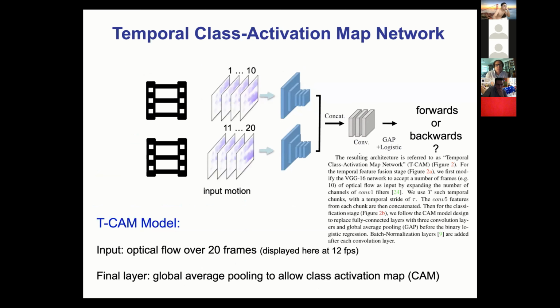This is the architecture that we used. We made a decision right away to work with motion rather than image data.